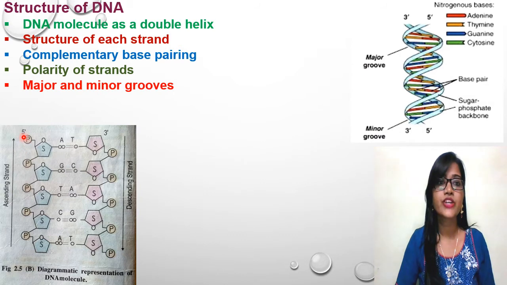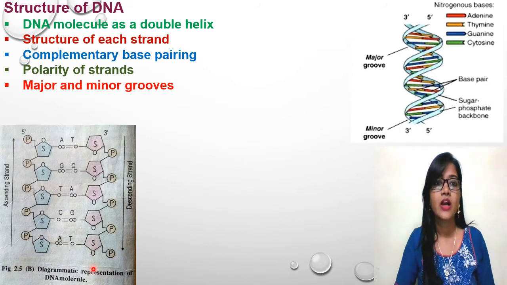So this 5' is near to this 3', and at the opposite end, this 5' is near to this 3'. So that is the anti-parallel polarity of the strands.